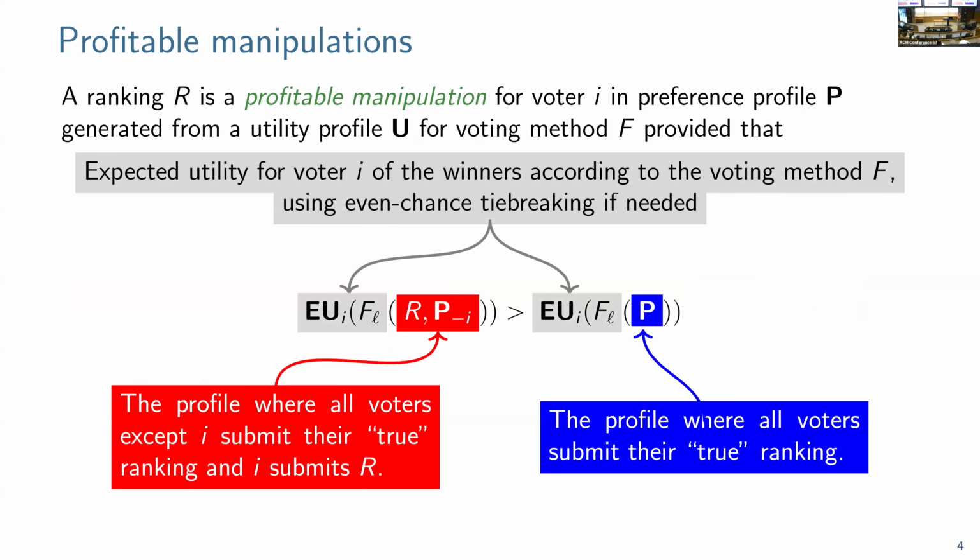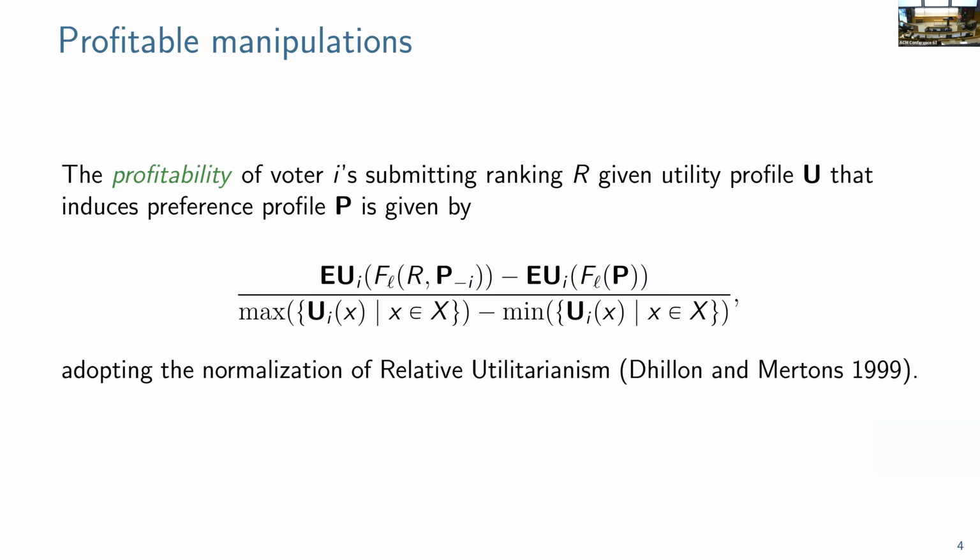And what we're going to look at is the expected utility for voter i of the winning set when they actually manipulate the election. And then we can measure for a particular voting method, so now you have a fixed voting method, what we want to look at is the profitability, the sort of average profitability of a voter manipulating. So that's profitability for a particular voter.